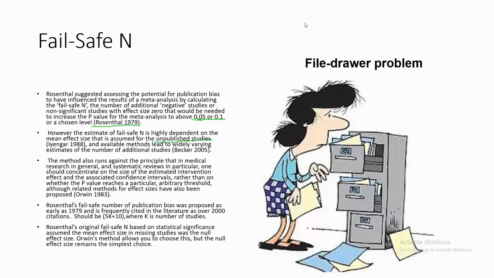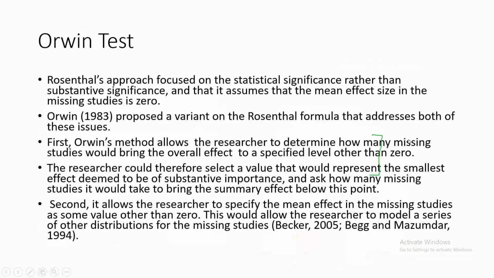And what he means by a file drawer error or bias is that the researcher purposely puts all the insignificant studies into a drawer and just locks them up.